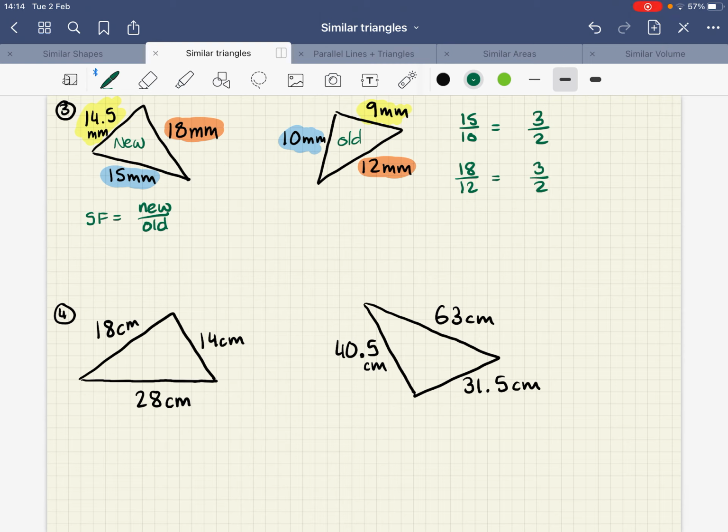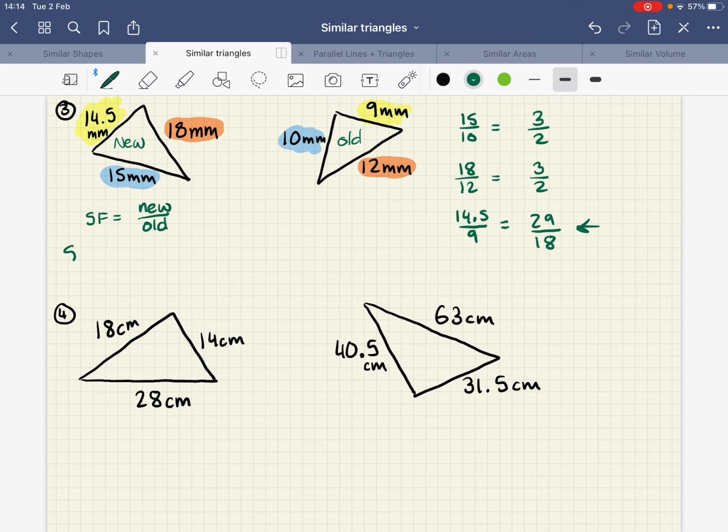And then my last one, the 9 and the 14.5, so 14.5 over 9. If it's not obvious, if you're allowed to use a calculator, you can always put it in the calculator to simplify for you. In this case, it comes out to 29 over 18. So because of this one scale factor, it is not similar because it's not all the same.